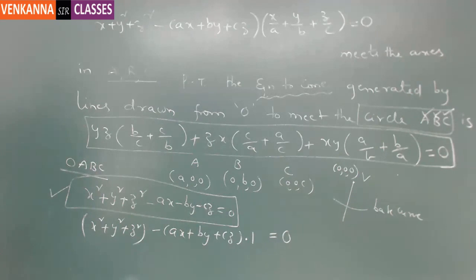So always a homogeneous equation in n variables represents a cone with vertex at origin. Please understand, that is why we are making it homogeneous. Homogeneous is nothing but each term having equal degree. Fine.